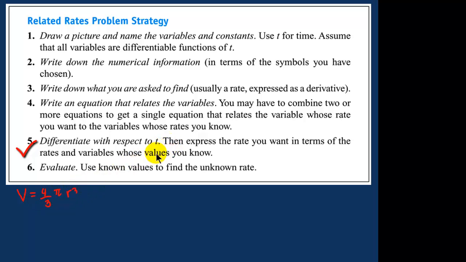And then we got an expression in terms of dV by dt and dr by dt. And then we solve for dr by dt, and the last step is we evaluate all the information that's already given. That's the only time we plug in to find the unknown.